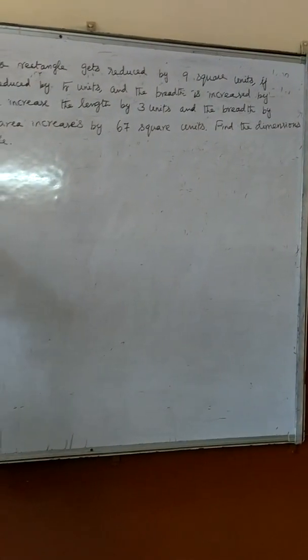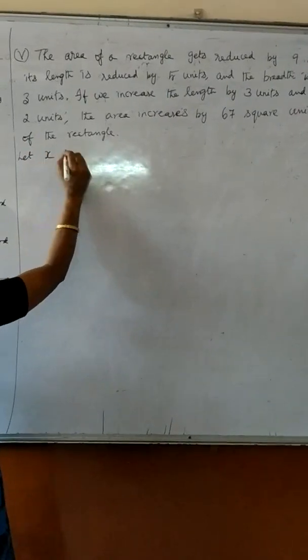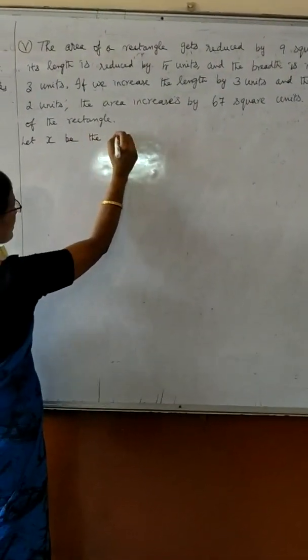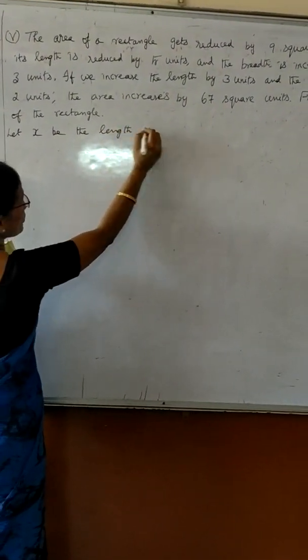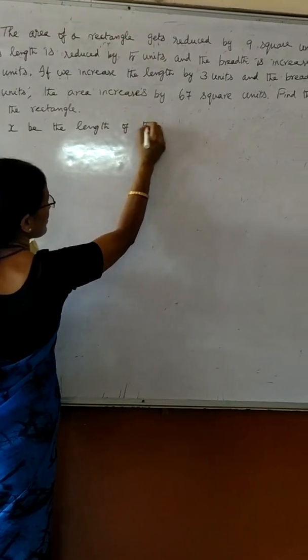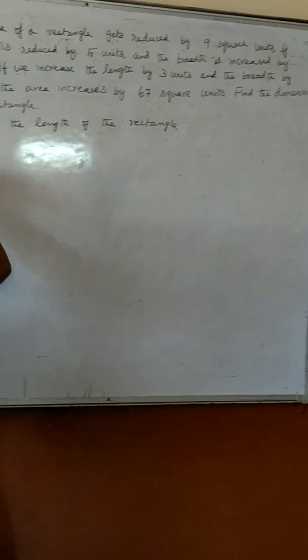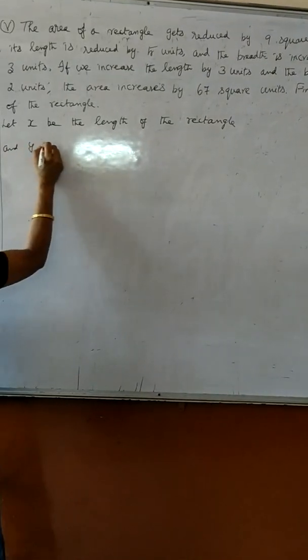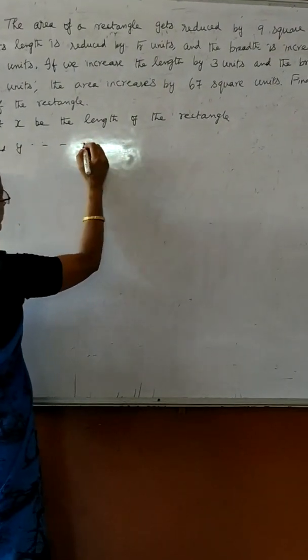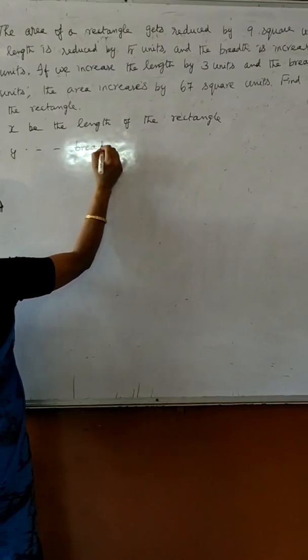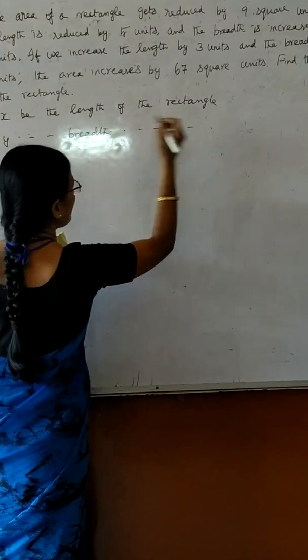We know what the dimensions are: length and breadth. So I write here, let x be the length of the rectangle and y be the breadth of the rectangle.